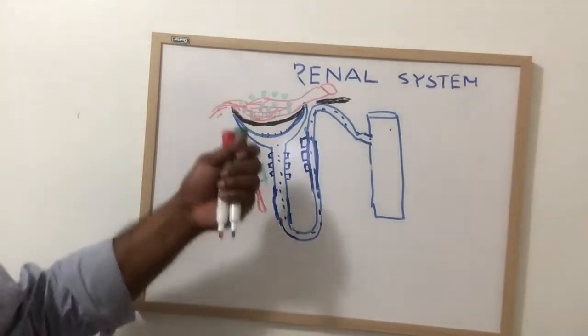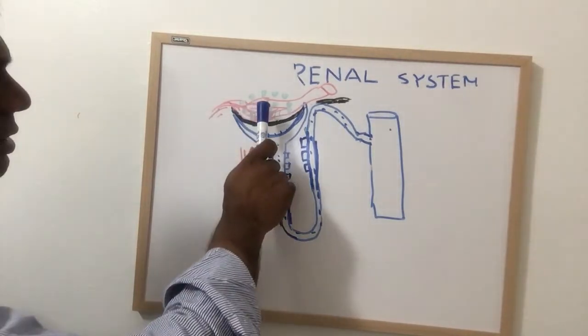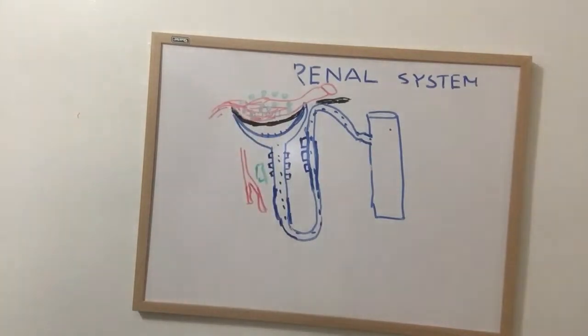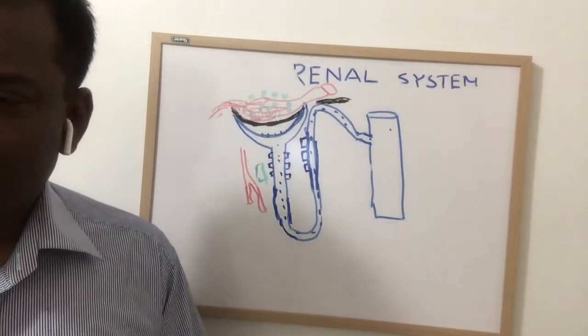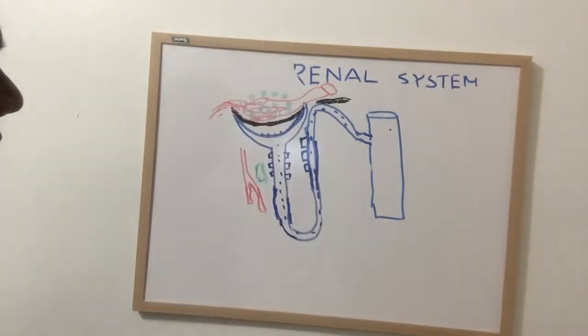If 20% comes here, which is 1 liter, out of 1 liter, the whole blood, this area actually goes to undergo filtration, and of 1 liter blood, basically only plasma undergoes filtration, and the RBC do not. They get back to the blood.